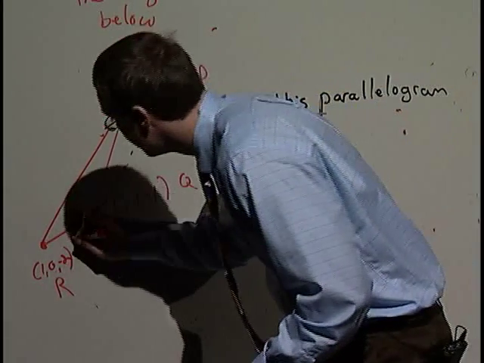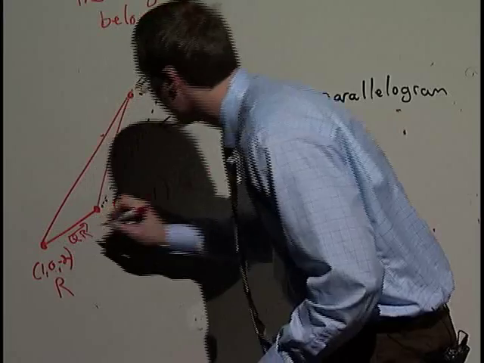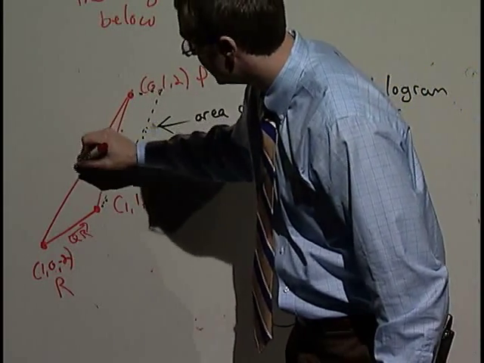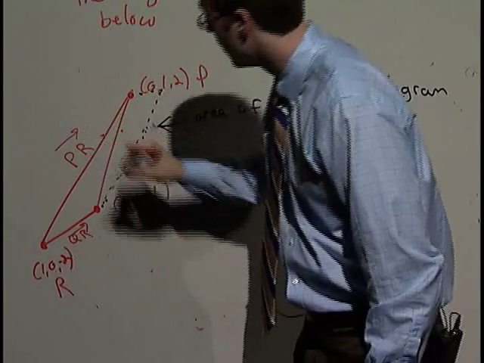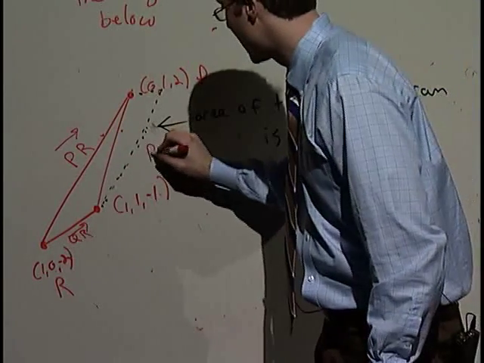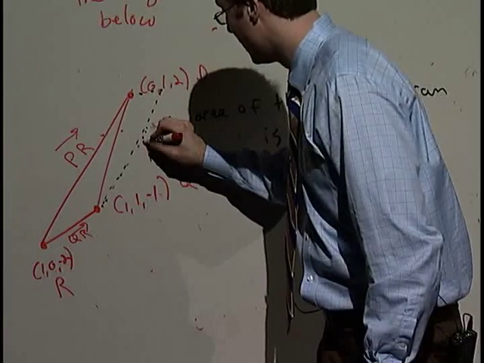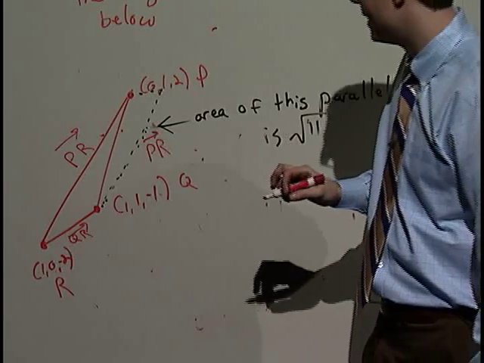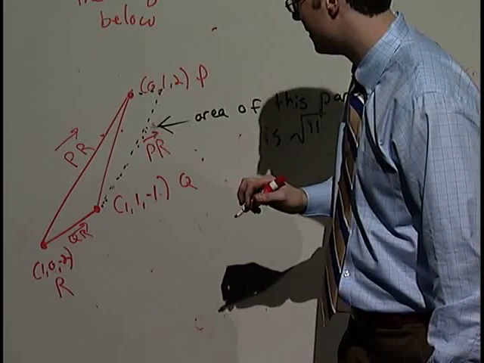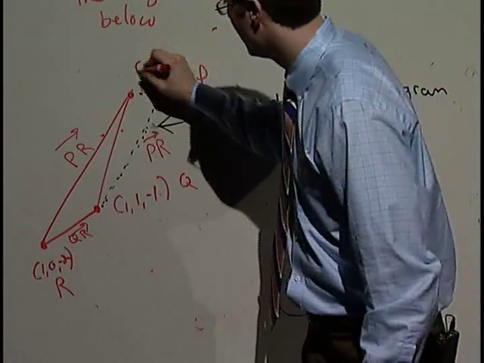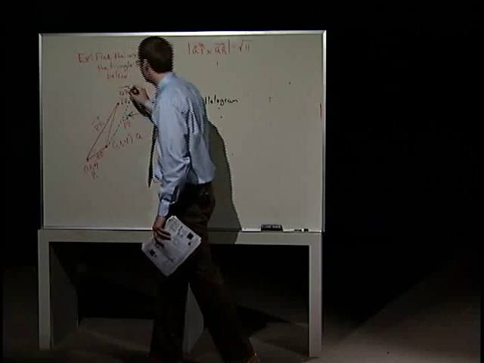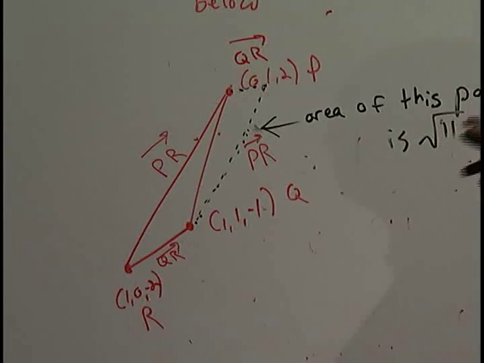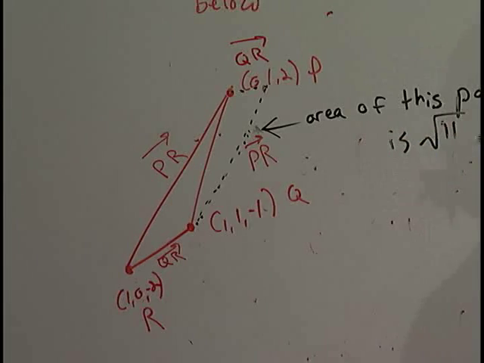So this is QR down here. This is PR over here. Over here we have another copy of PR. And then up here we have a copy of QR, right? So that parallelogram has area square root 11.